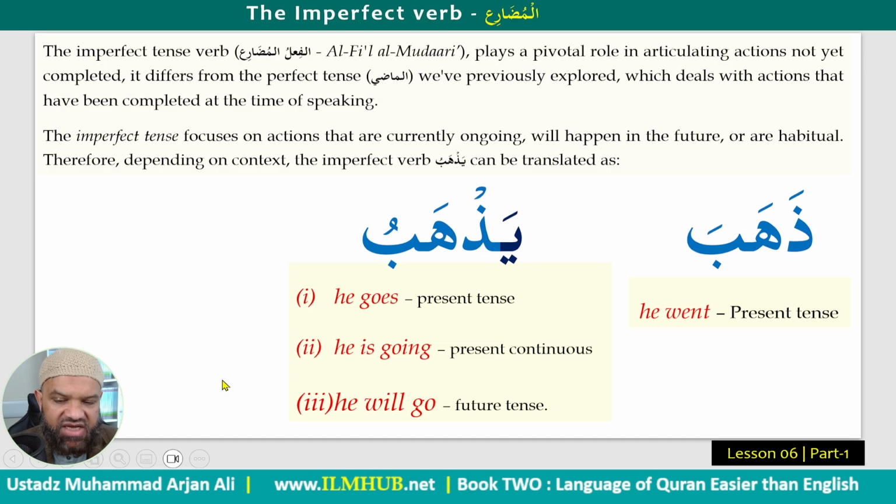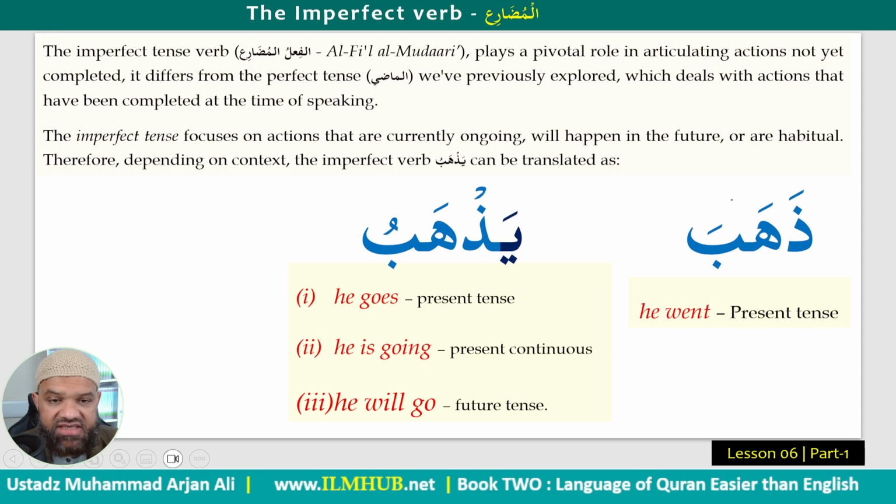So the mudari verb includes, I repeat, includes a meaning of an action that is not really complete. And that is why they call it the imperfect tense, al-mudari. So the main point is that it can give us these imperfect actions that are not complete at the time of speaking.